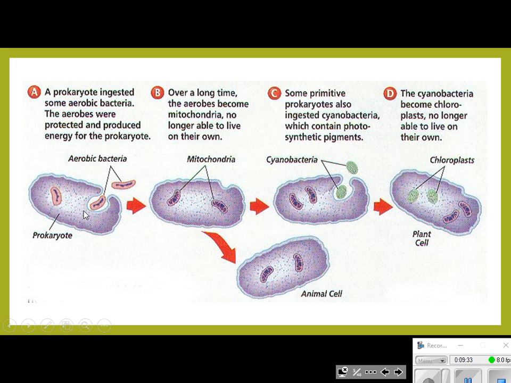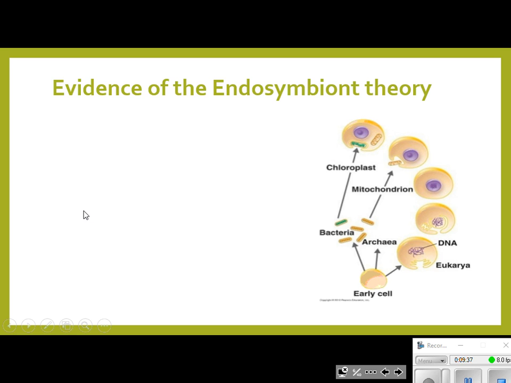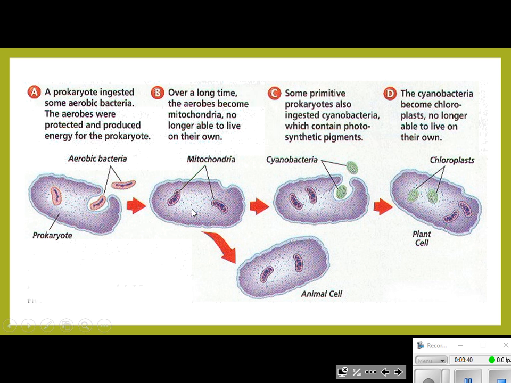And eventually, what had happened was that they became mitochondria, right here. And then this cyanobacteria that we just talked about started living inside of another cell too, and that then gave rise to this plant cell, as you can see, that has mitochondria in it, and it also has chloroplast in it.